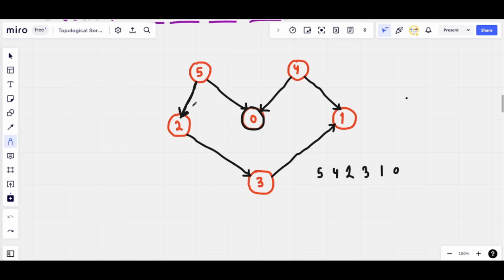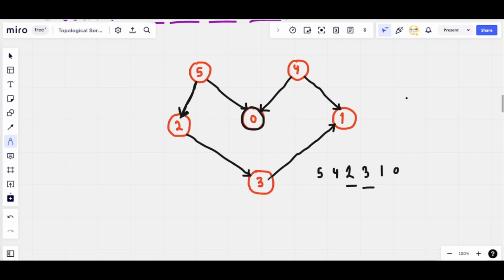Now from node number 5 we can move to node number 2. That means 2 must come after node number 5, and hence we are writing 2 here. Then following the directed edges we will move to node number 3. So 3 must exist after node number 2, so we put 3 here.